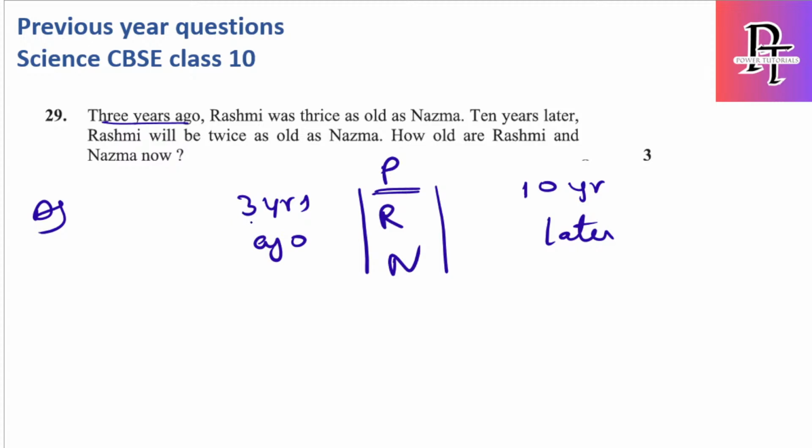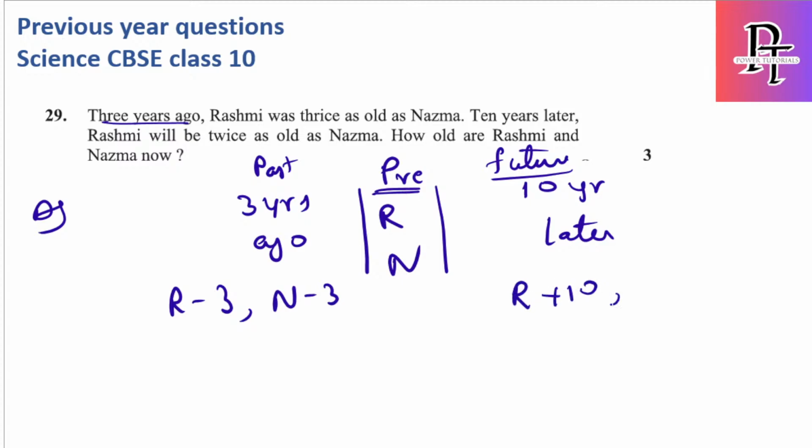So 3 years ago means Rashmi's age will be r minus 3 and Nazma's age will be n minus 3. What about 10 years later? So this is present, past, future. Okay, so 10 years later Rashmi's age becomes r plus 10 and Nazma's age also becomes n plus 10.